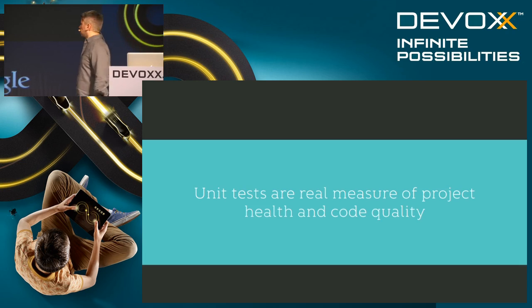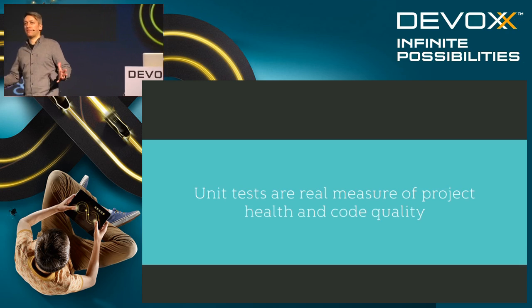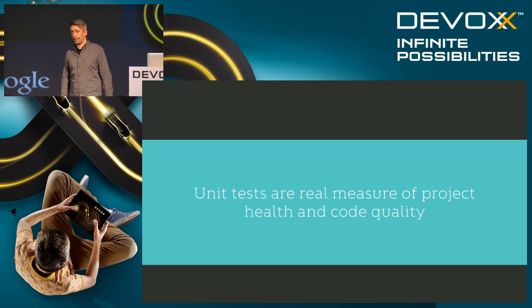And then I really believe that having a good suite of tests is a measure of the quality of your project. There are lots and lots more things that are important, of course, but I really believe that testing is important for basically every app.